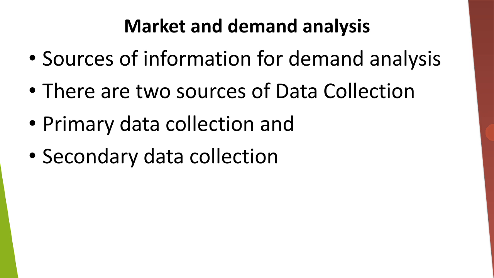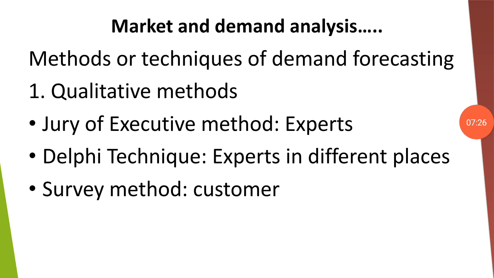And the second source is secondary data collection. Secondary data are the already published data. It may be available in books, journals, periodicals, or other research outputs, etc. So both primary and secondary data collection tools are used for collecting information for demand analysis.